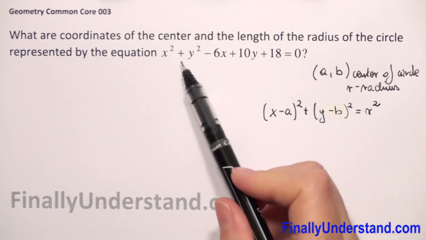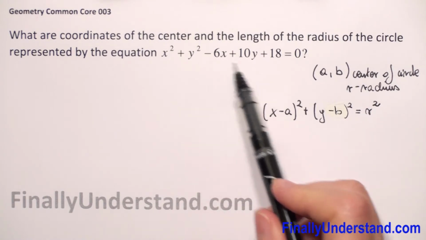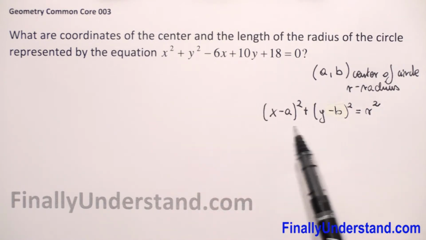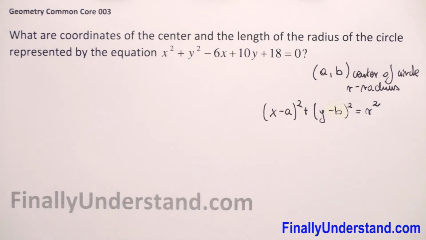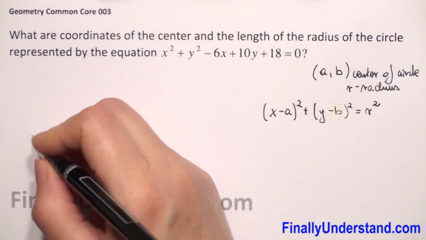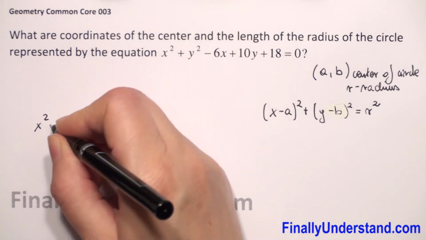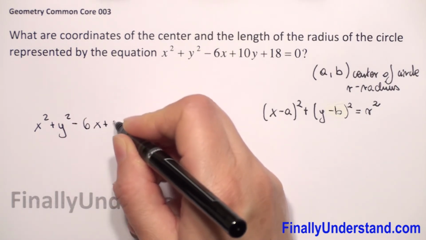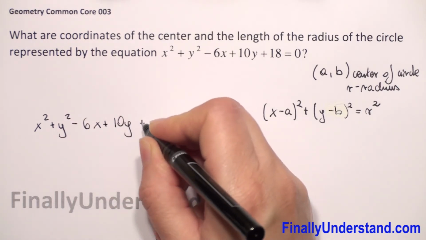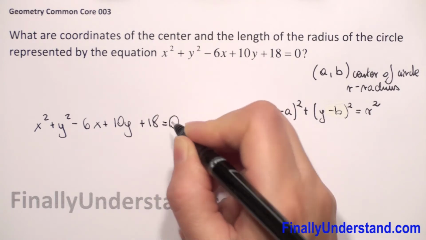So we have to change our equation to this form, and from this form we can read the center and the radius. Let me copy our equation of the circle: x squared plus y squared minus 6x plus 10y plus 18 equals 0.